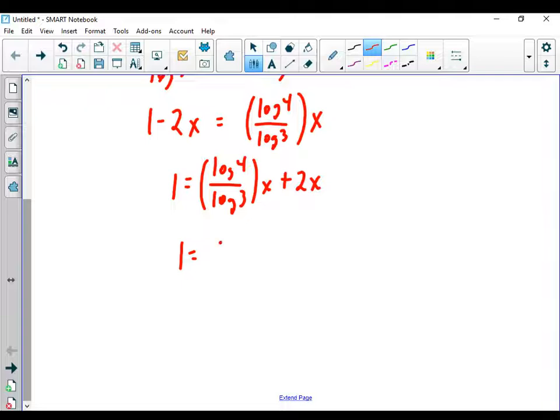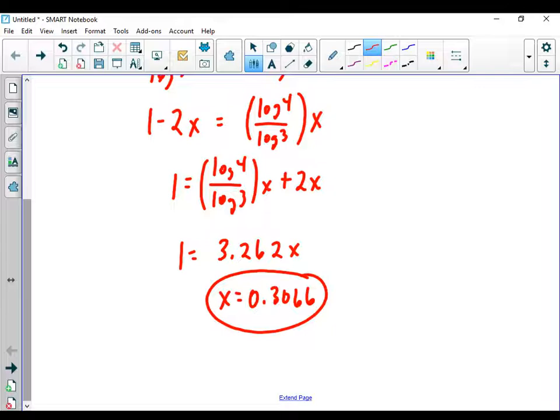So this is roughly 3.262x. I'm keeping that value on my calculator, though, because I want to be accurate. So now I'm going to do 1 divided by that value. And my x value should be 0.3066 if I round to 4 places.